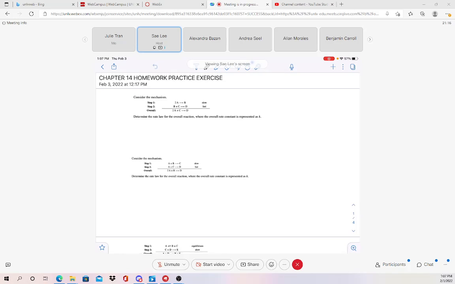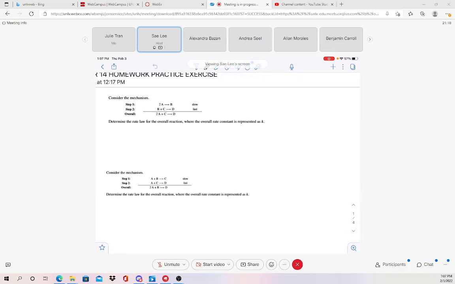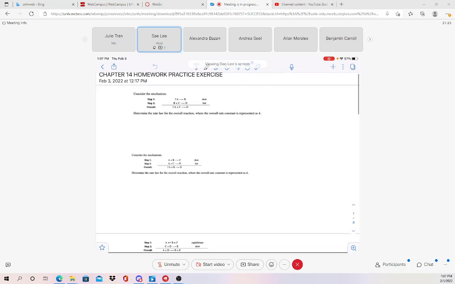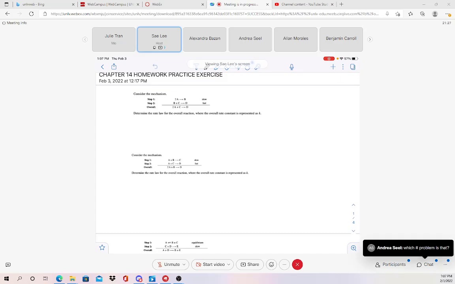I'm not going to post this on Web Campus because this is going to be the answer key for your homework problem. So if you want, you can take a note.